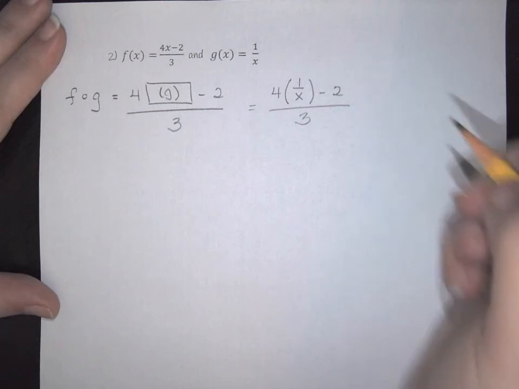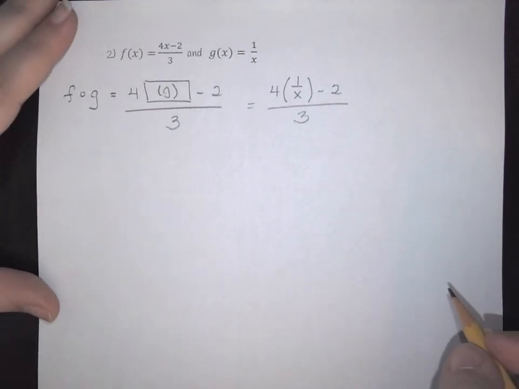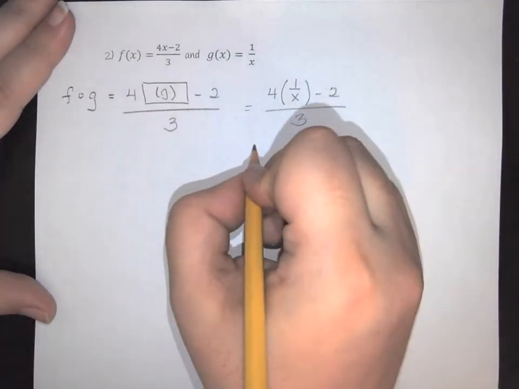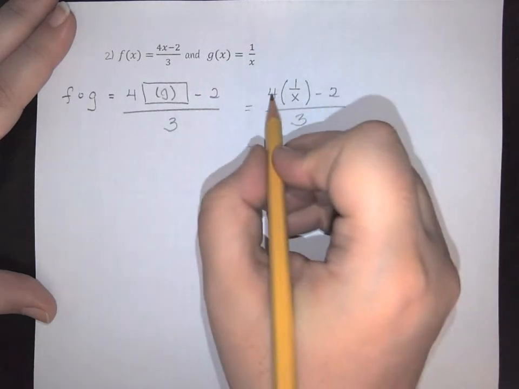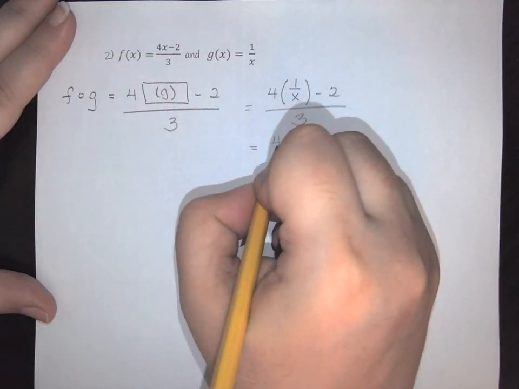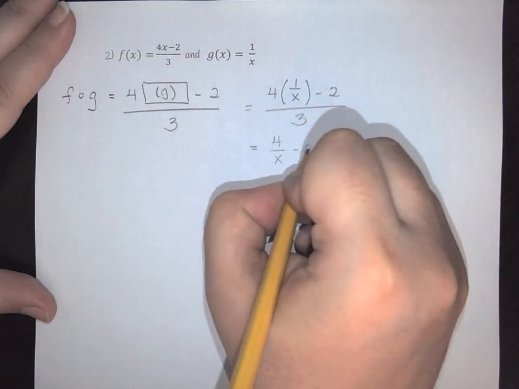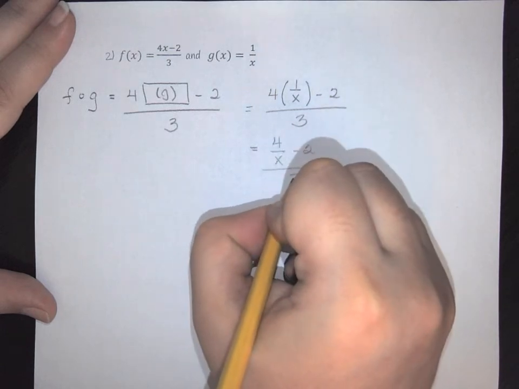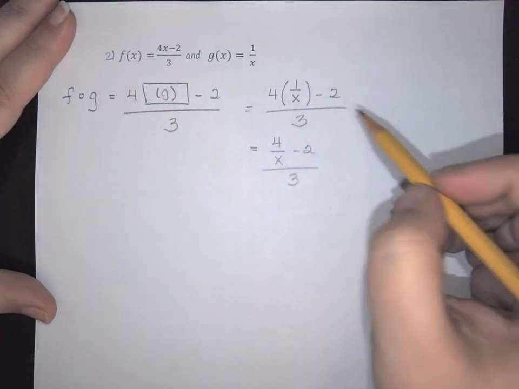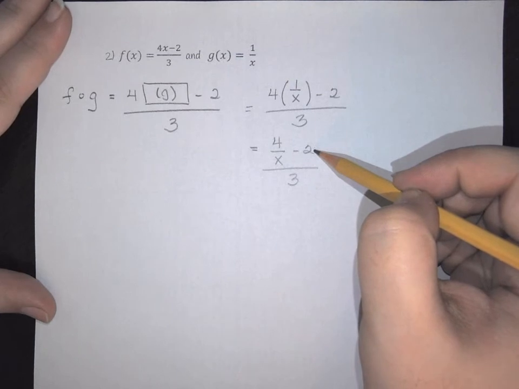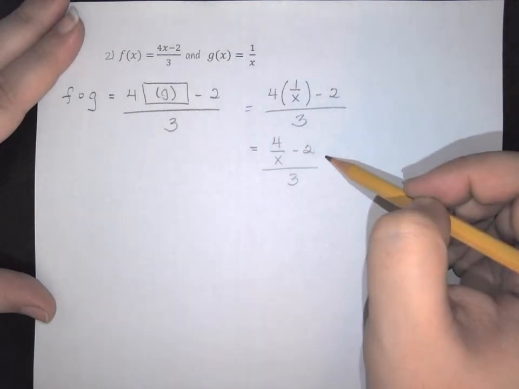And so we can actually do a little bit of work in order to make this look a little nicer. So here the first thing that we would do is we would distribute. This becomes 4 over x minus 2 all over 3. I need to be able to combine my upper fraction here.